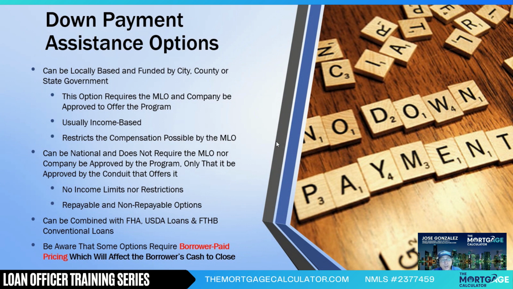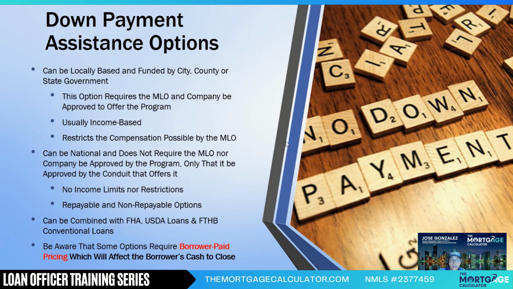One of the things to note is that a lot of these down payment assistance options you see out there may require borrower paid pricing, which is going to affect the borrower's cash to close, right? So if the comp is 2.75, the borrower has to pay 2.75 as well as the other fees. So now down payment assistance may actually be taking you backwards, because you're going to get 3.5% and the borrower has to pay now 2.75%, albeit a lower rate, but still higher costs.